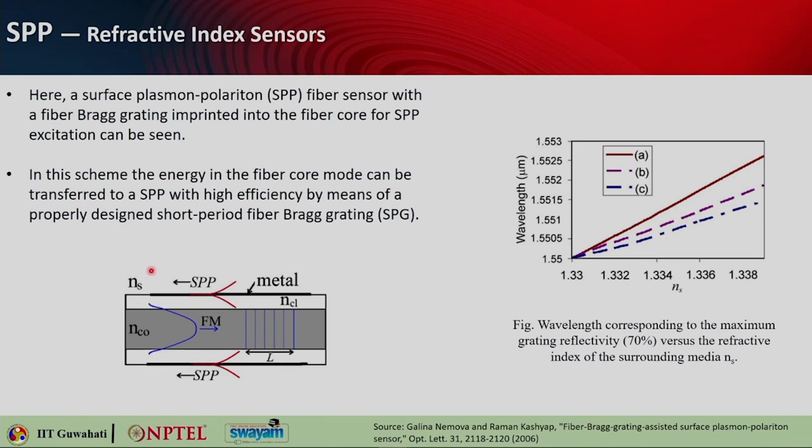How does it help? Depending on the refractive index of the surrounding medium, okay, the wavelength of this excitation will change, and that can be measured here, as you see. When NS is changing, you are able to see the difference in wavelength. So, you can actually make a refractive index based sensor, because whenever there is a change in refractive index, the wavelength of light that is getting coupled to the surface plasmon is also changing.